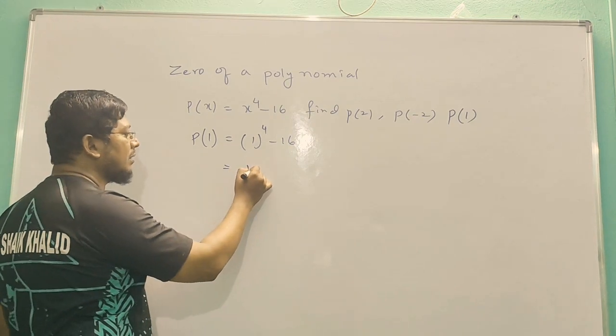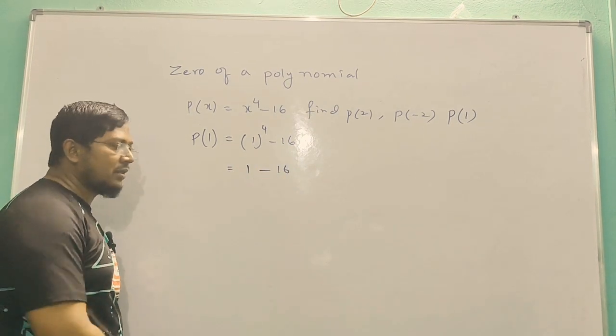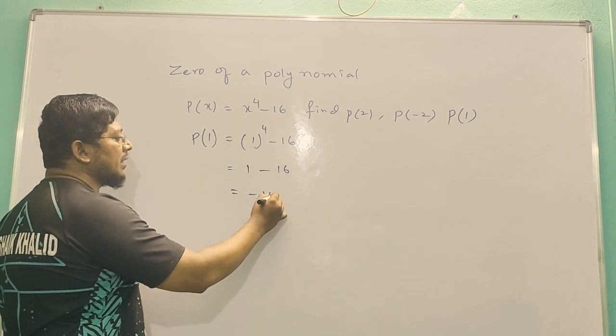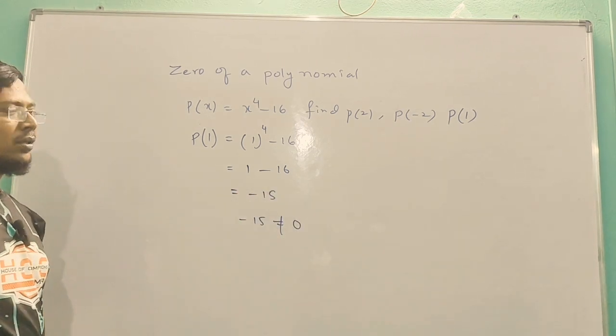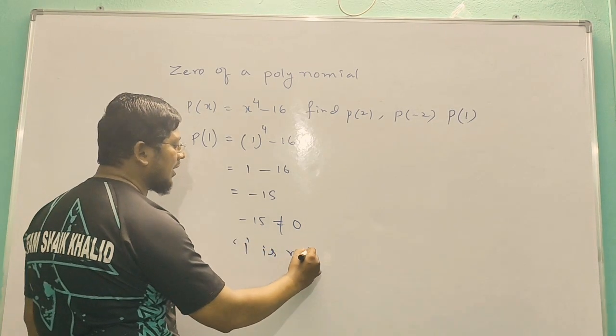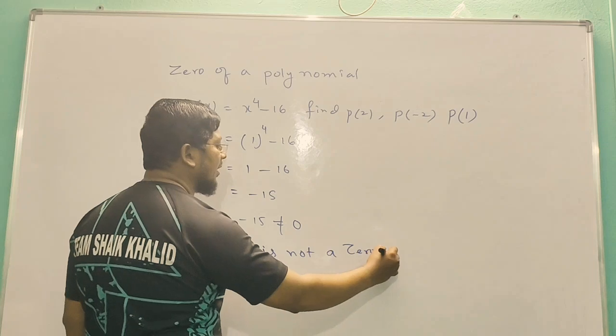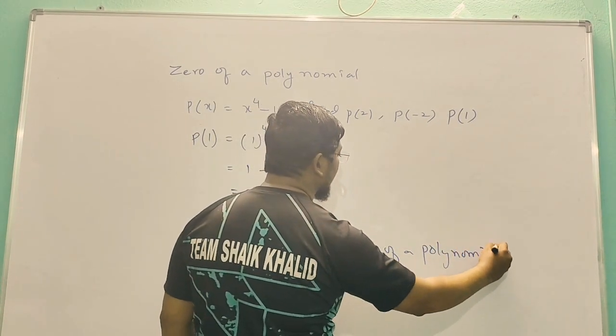Yes, 1 again. 1 minus 16. So 1 is positive, another is negative, means subtraction. So 1 minus 16 is minus 15, and minus 15 is not equal to 0. Which means 1 is not a zero of a polynomial.